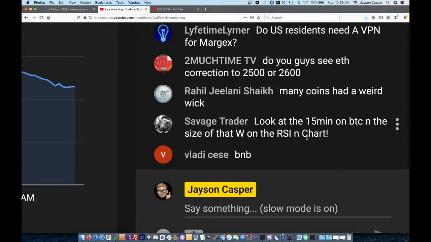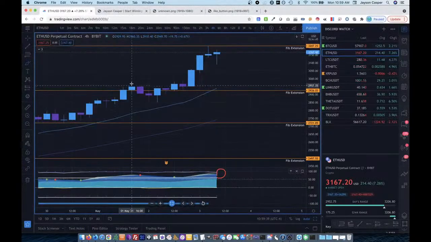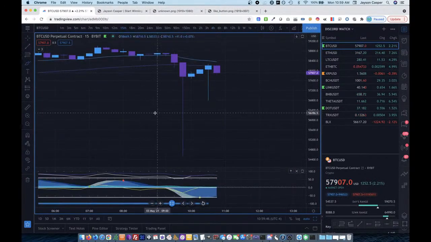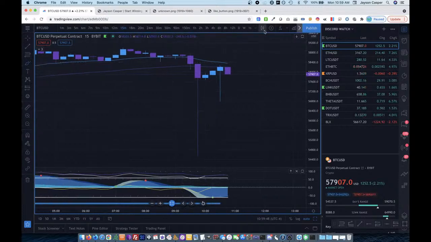Savage Trader, look at the 15-minute on Bitcoin and the size of the W on the RSI. All right, let's take a look at Bitcoin on the 15-minute. And let's take a look at the RSI.